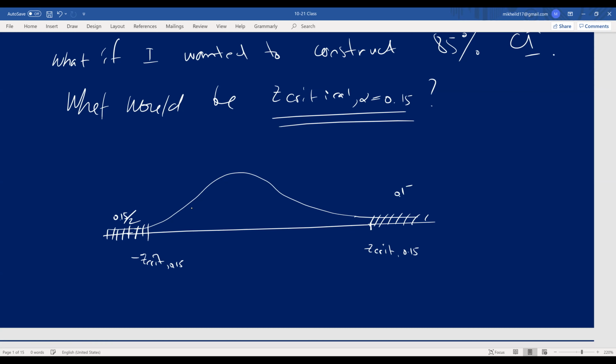And here will be 0.15 divided by 2. So what is 0.15 divided by 2? Guys, are you with me? 0.075. So then what do we do next? We know that the probability that capital Z is less than some small z, this is what we are looking for, equals 0.075. So we want to see what our z is.